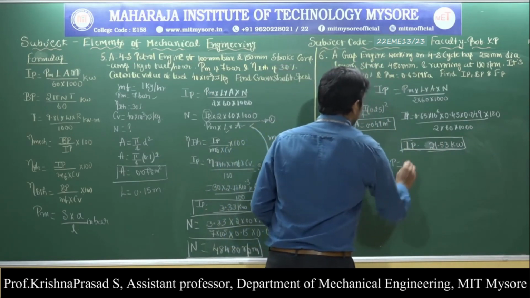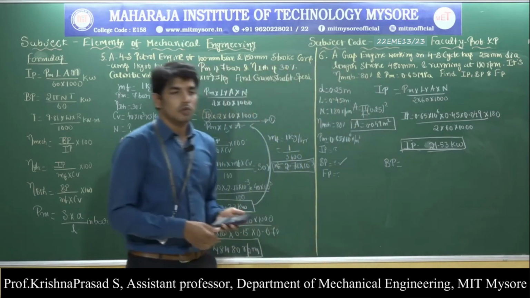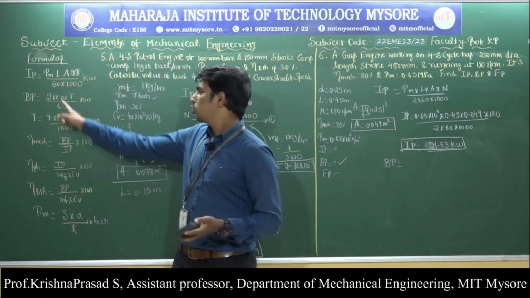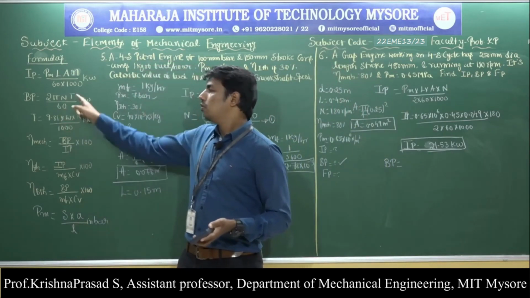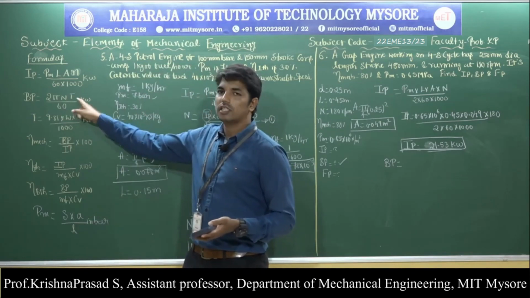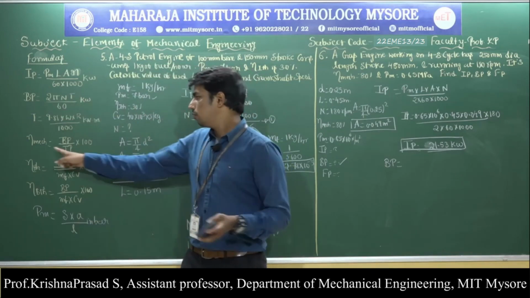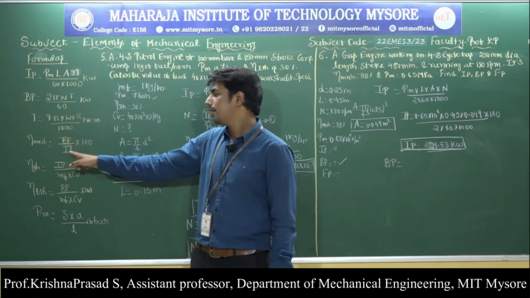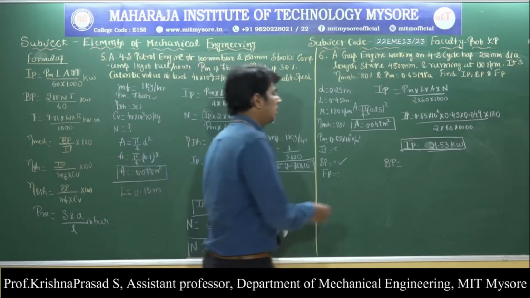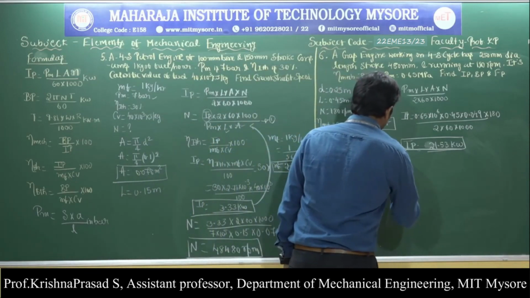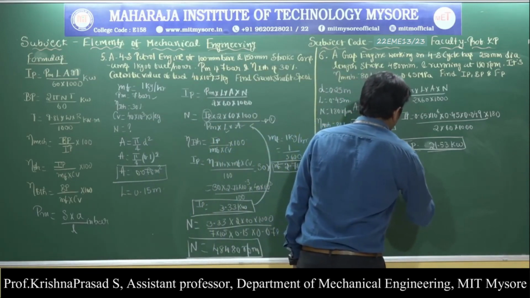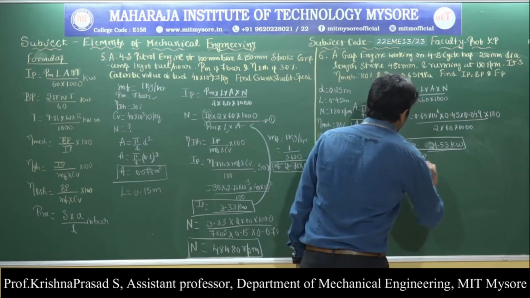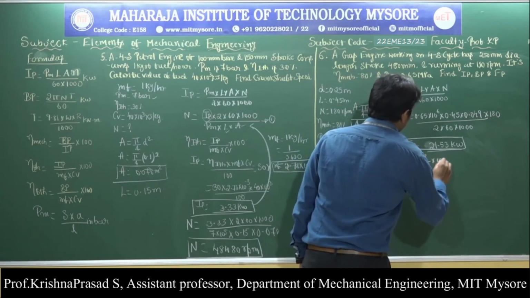Next I need to calculate the value of BP. For the calculation of BP, we don't need to use the formula 2 pi NT by 60 because we don't know the value of the torque. So we use another formula: mechanical efficiency is equal to BP by IP into 100.